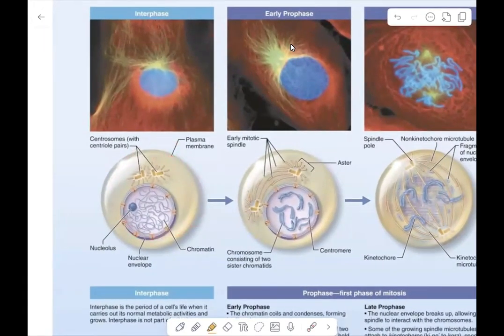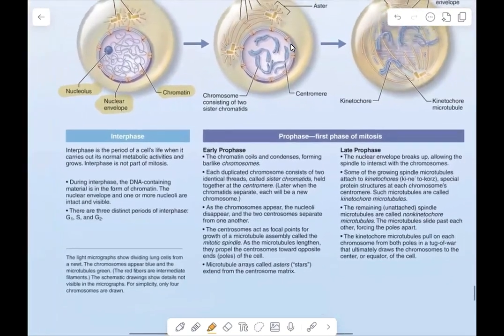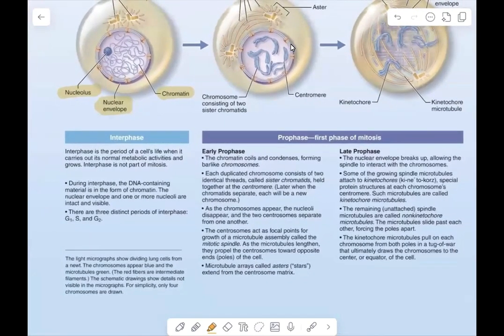We would see centrosomes with centriole pairs. The nucleolus is inside of the nucleus. The nuclear envelope is intact, and the DNA is in the form of chromatin. So it's a period of cell activity.